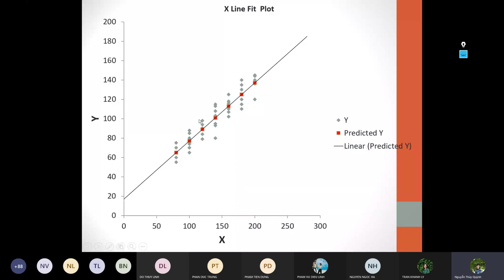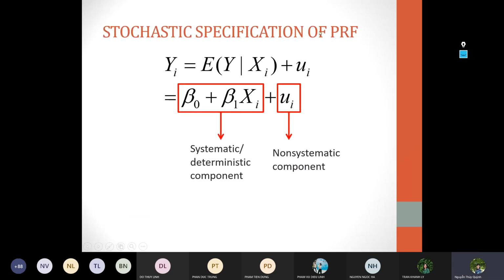The observed value of Y can vary from the mean, like this. It may or may not lie on the population regression line. So in the stochastic form of the population regression model, you can see that we have two parts. The first one is the conditional expected value of Y, and the second one is the disturbance.